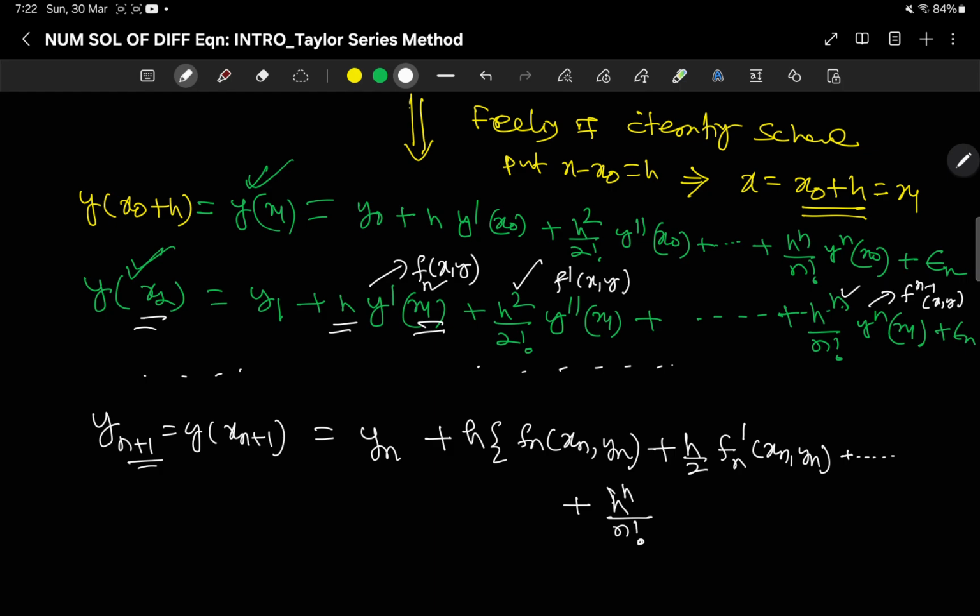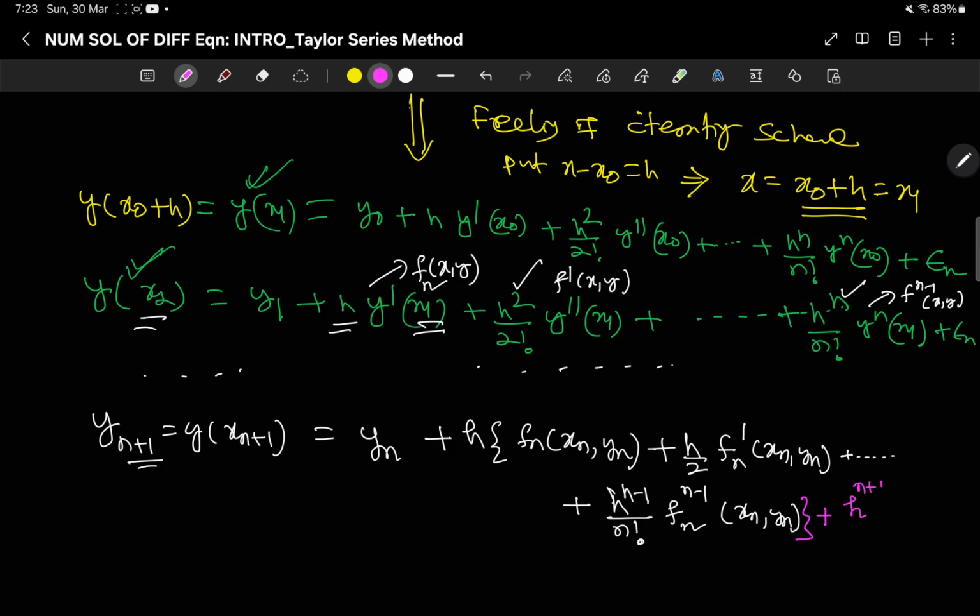Then, taking h common, h^(n-1) by factorial n, it is f^(n-1), the derivative at xn yn, plus the remainder term.